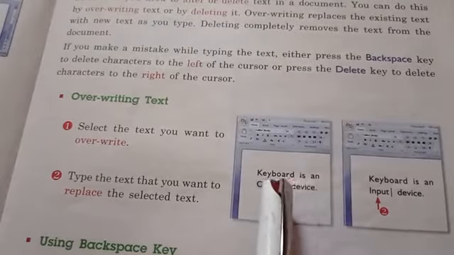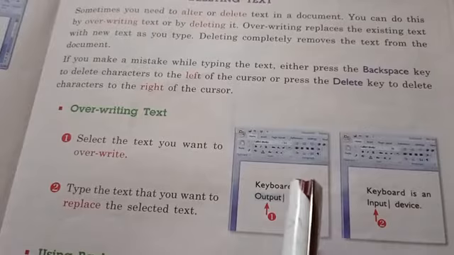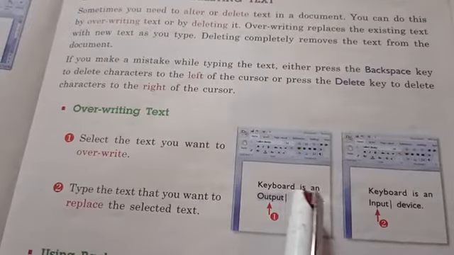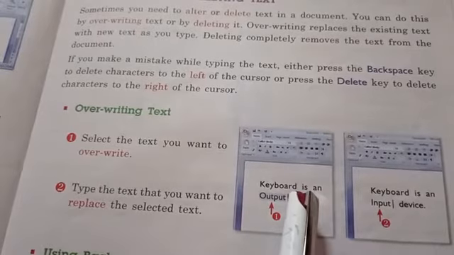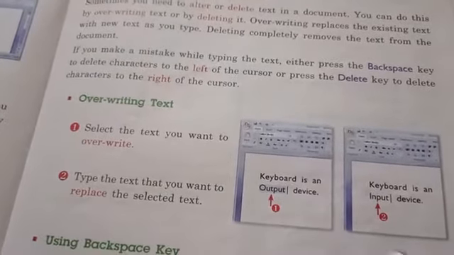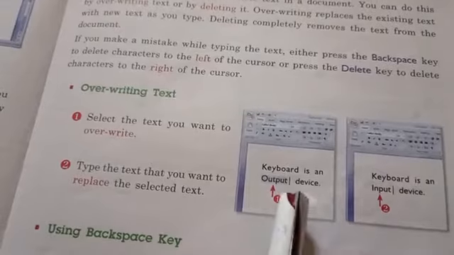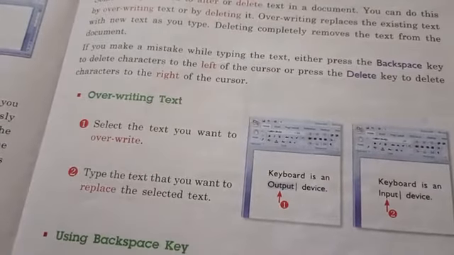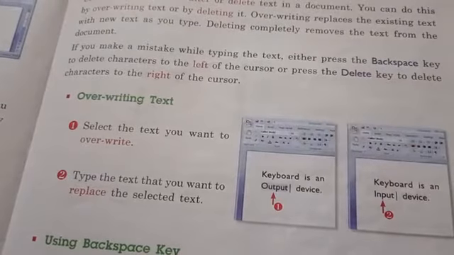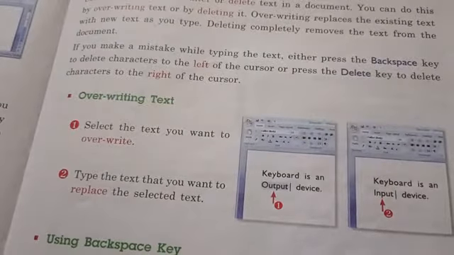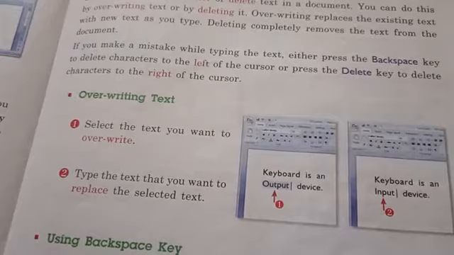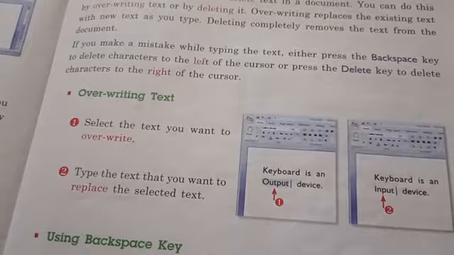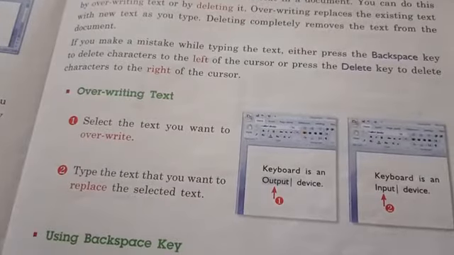Suppose your cursor is here and you want to delete this D. At that time you will press the delete key to delete this D. If you want to delete something from the left of the cursor, you will use the backspace key. If you want to remove something from the right side of the cursor, you will use the delete key.